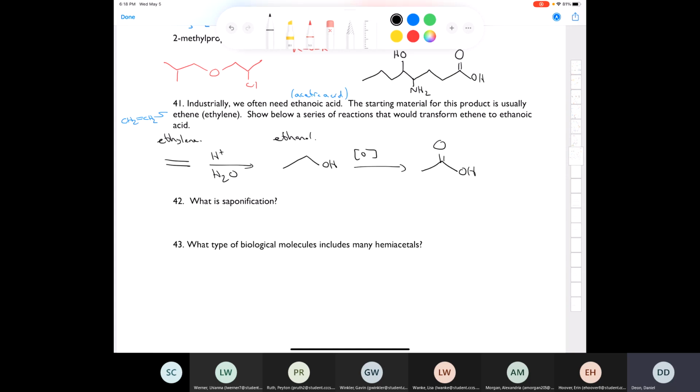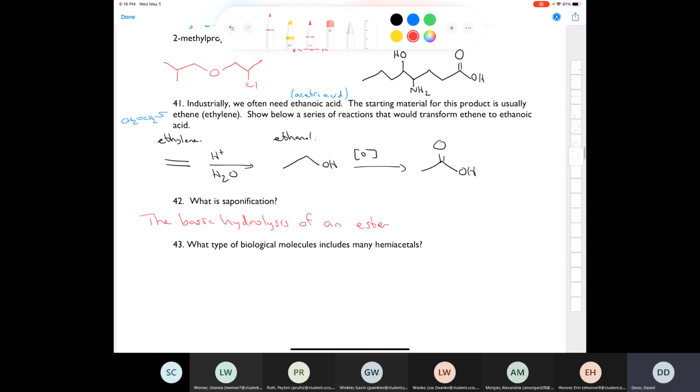What is saponification? We've gone over this already this evening. It is the basic hydrolysis of an ester.